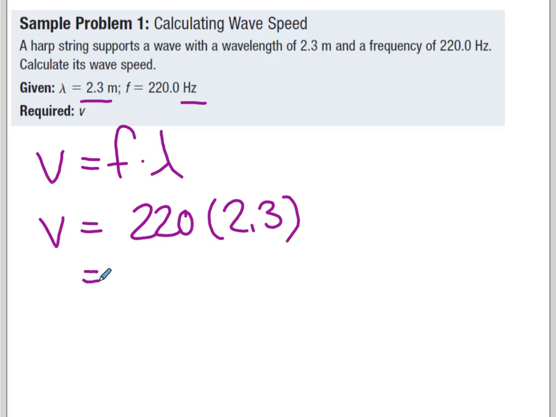And again, I'm going to trust my calculator because of my last funny boo-boo on the last video, which I've since edited away. So we have a wave speed of 506 meters per second. We're going to talk a little bit about guitars and sound and waves and strings versus air shortly, but that's just how the calculation works.